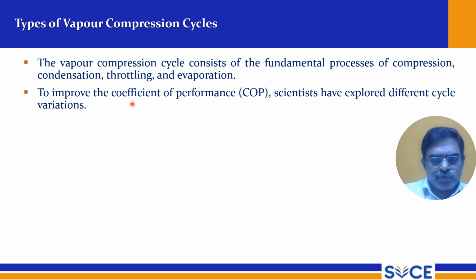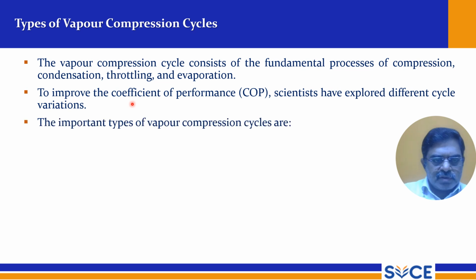Suppose we consider the superheating of refrigerant or subcooling of refrigerant, and it will be a type of refrigeration system. The important types of vapor compression cycle are purely classified based on the change or deviation in the working parameter.